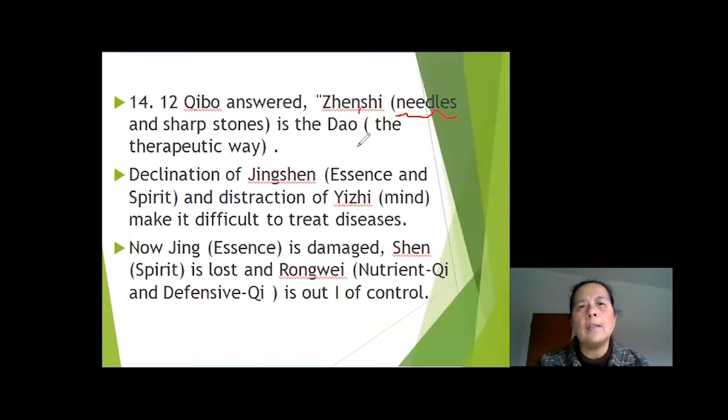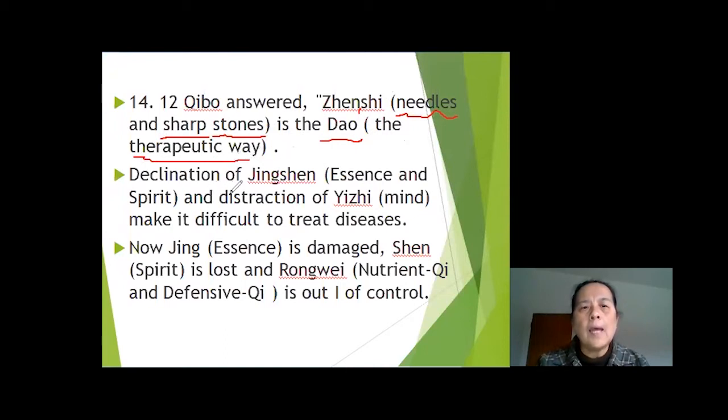Zhen is the needles. Shi is stone, but in here it means the sharp of the stone, similar to acupuncture needles. Dao, we talked about Dao before. It's kind of a ruler or some way. So in here it means our treatment way.